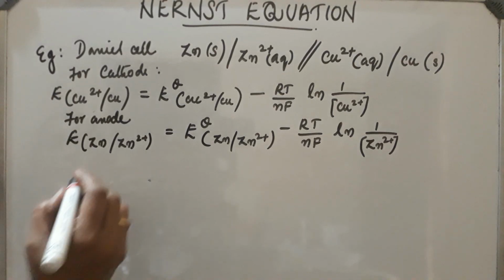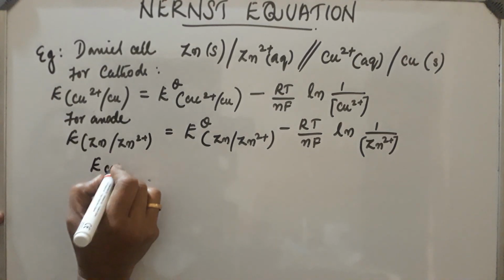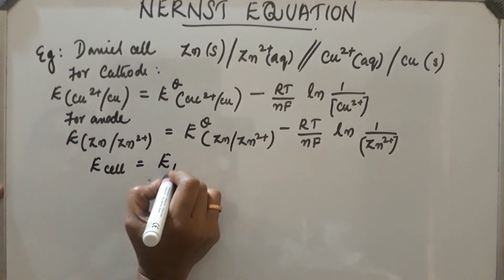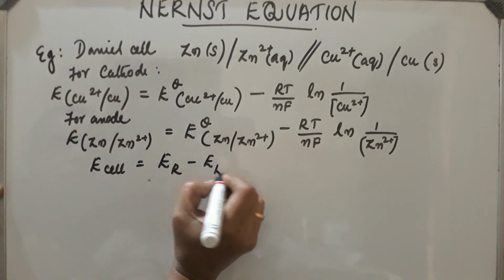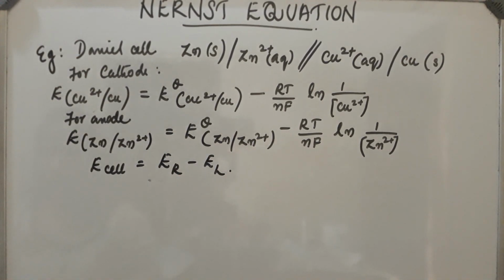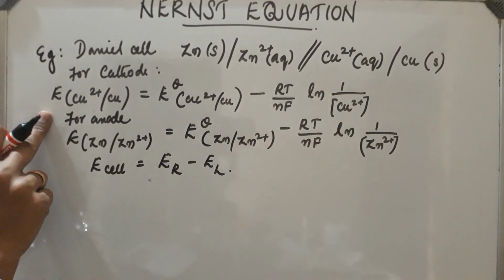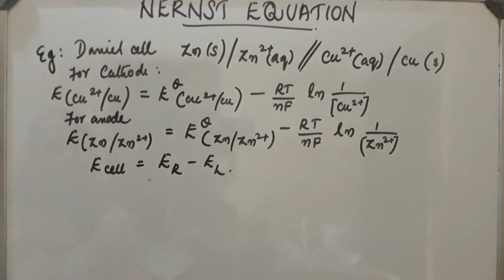Now, what will be the electrode potential of the cell? It will be equal to E right minus E left. So, that is this minus this: E right is copper, the electrode potential of copper, minus the electrode potential of zinc.